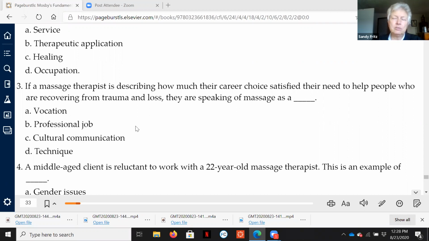Cultural communication is part of how we present ourselves, but it doesn't necessarily meet the criteria put forth in this question. And a technique is a little bit of a giveaway answer. It's something that we do.